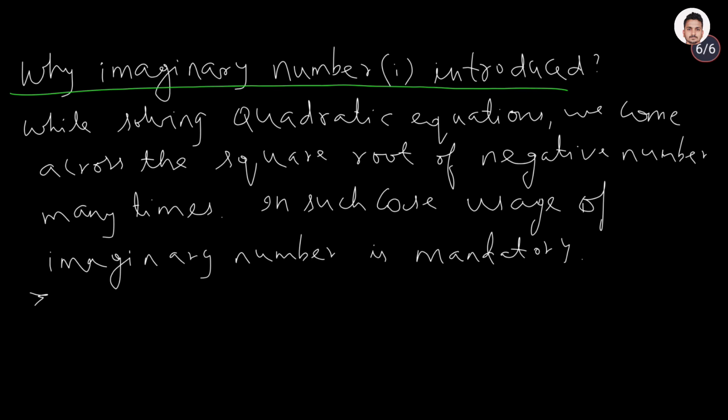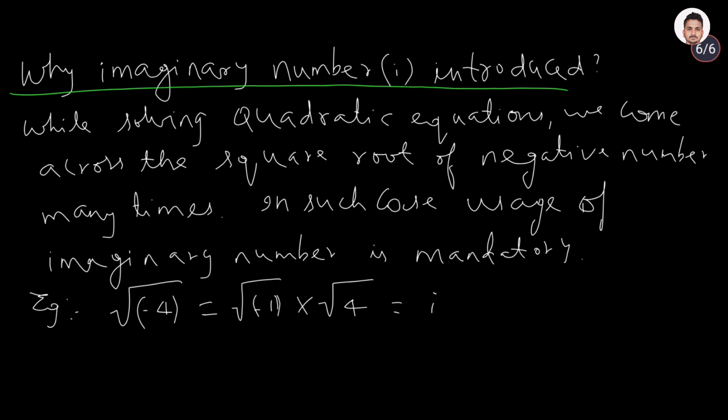For example, if you want the square root of -4, we simplify it as root of -1 into root of 4. Root of -1 is nothing but i, and root 4 is 2. So the answer is 2i.